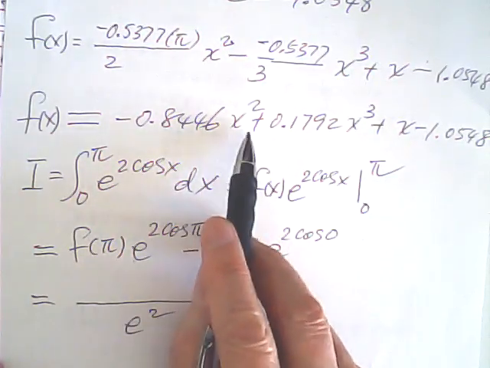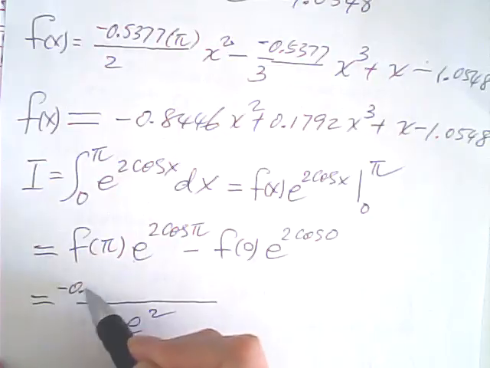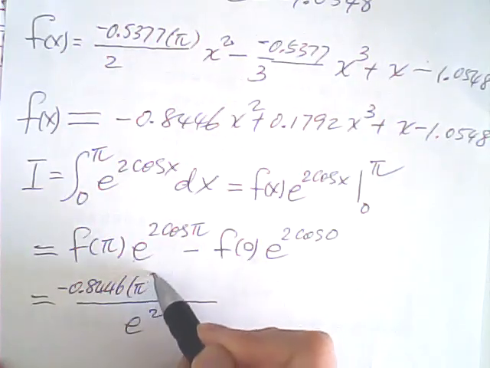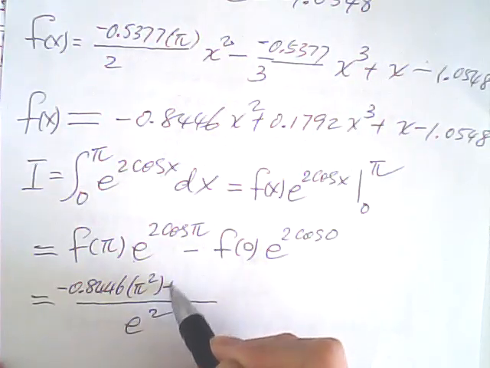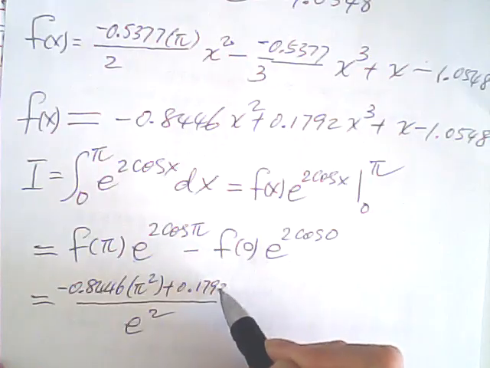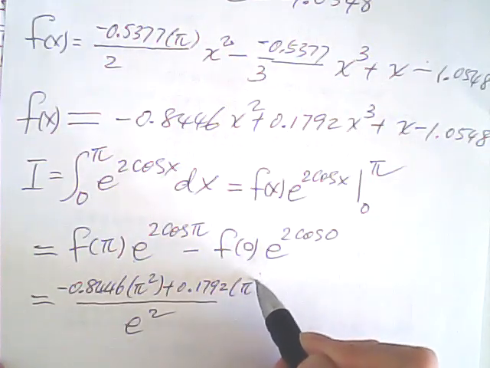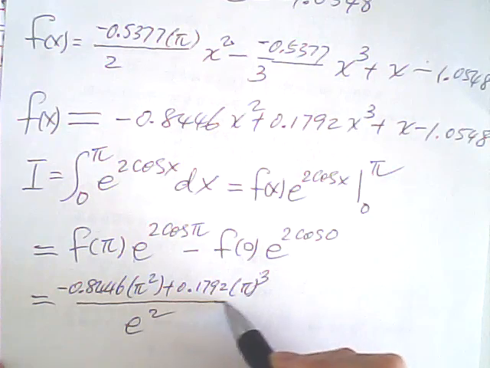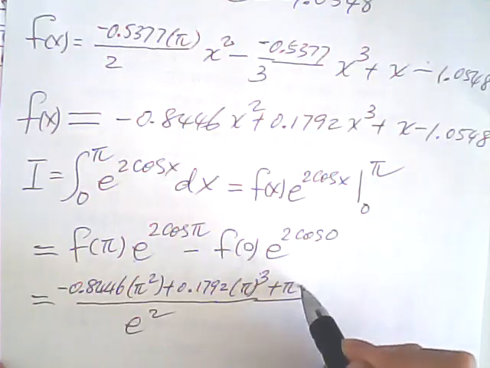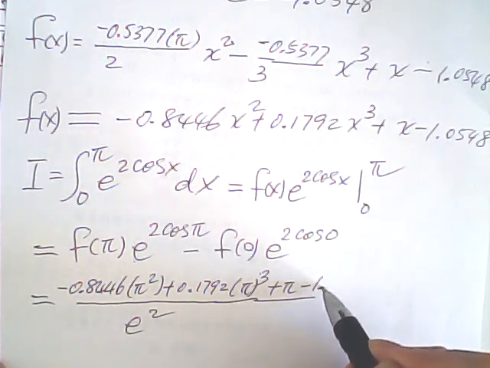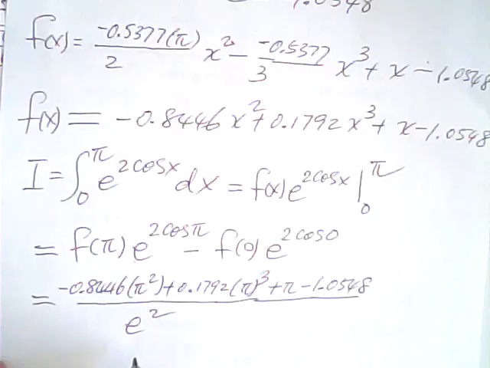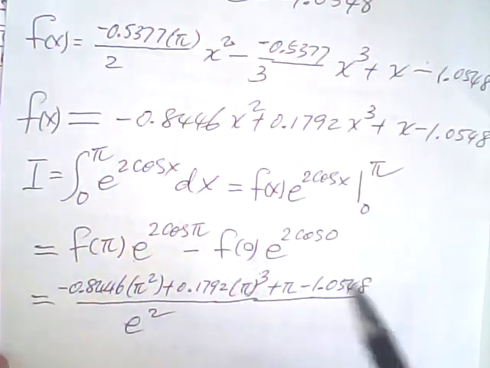Now here, replaced by pi, to 0.84469 pi squared plus 0.1792 pi cubed plus pi minus 1.0548. Yeah, that takes care of this one.